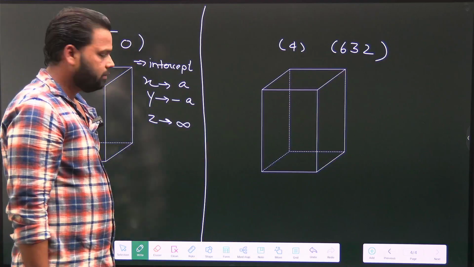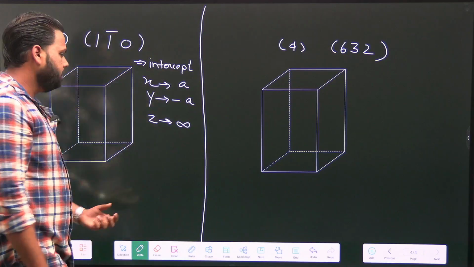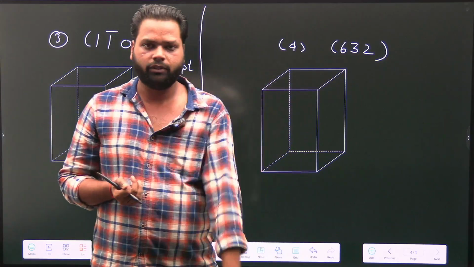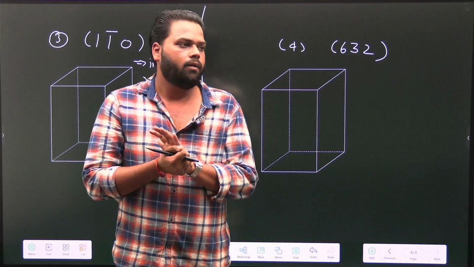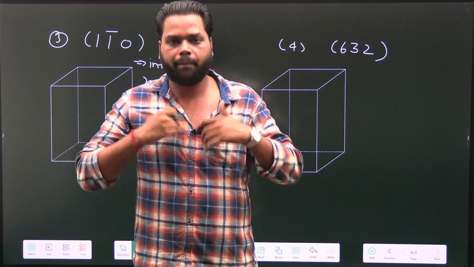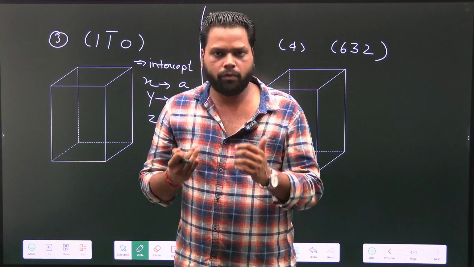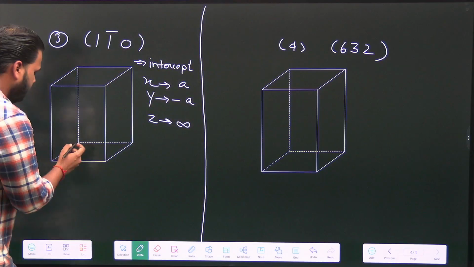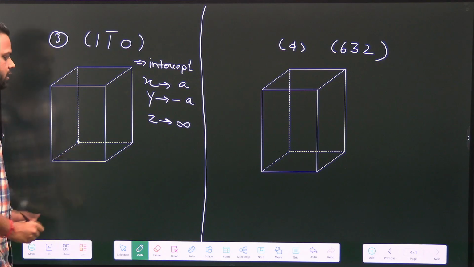negative sign आ गया है ना, there is a negative sign, negative a in the y direction. If anyone has confusion regarding the negative or shifting the origin, I'm telling you a very simple thing. While making the plane we have to make the way for ourselves, हमें अपने लिए रास्ता बनाना है. See, if we are standing at this point, let's suppose this is our origin.